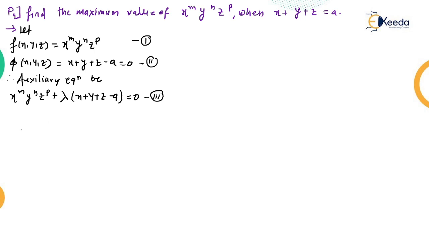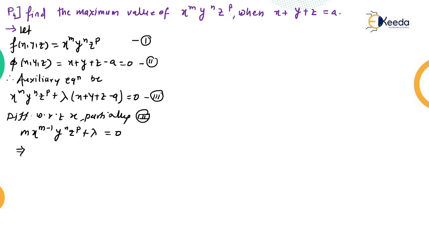Let's see. So now we have to differentiate with respect to x, y, z partially. First I am differentiating with respect to x partially. We differentiate equation 3 partially. After differentiating with respect to x, we get m into x power m minus 1 into y power n and z power p, because here we differentiate with respect to x only, y and z are constant, so y and z remain as they are, plus lambda, and that is equal to 0.